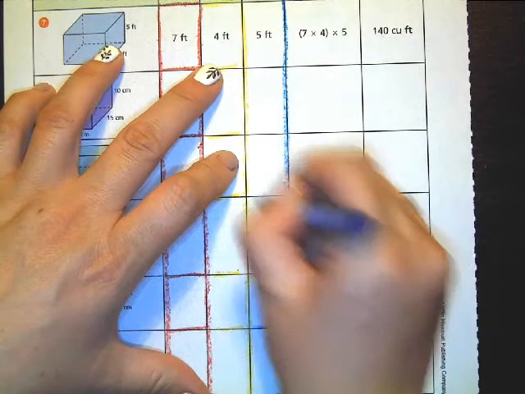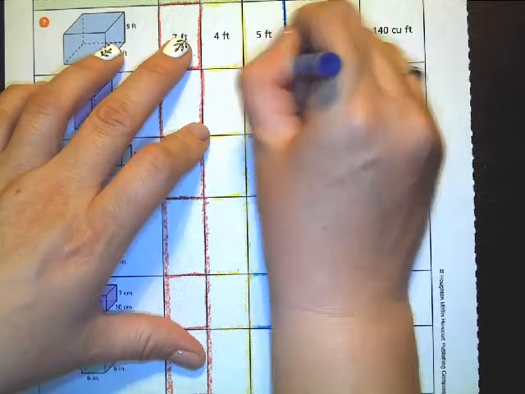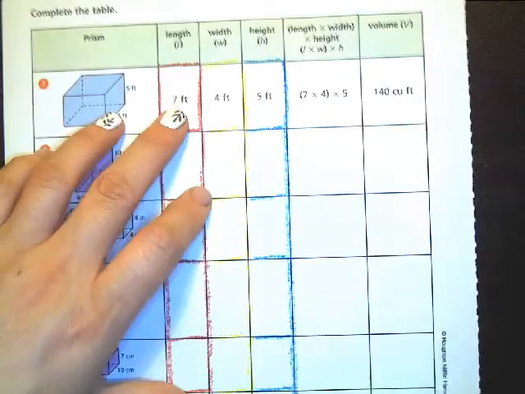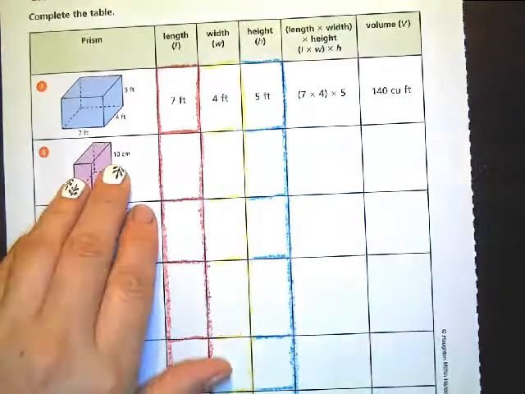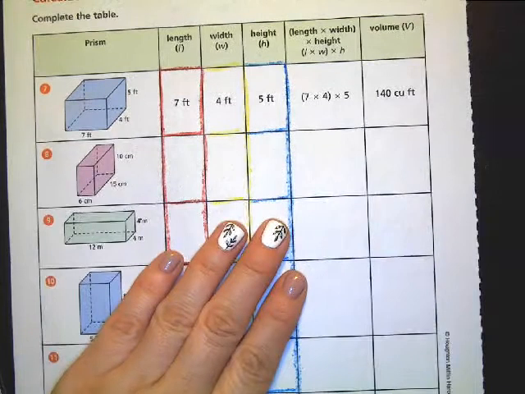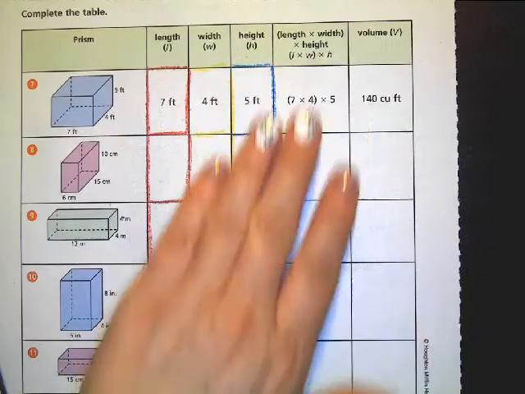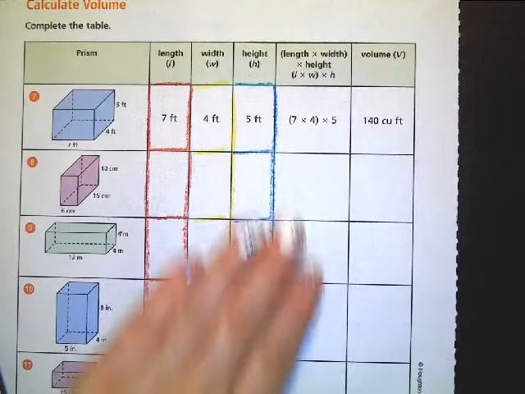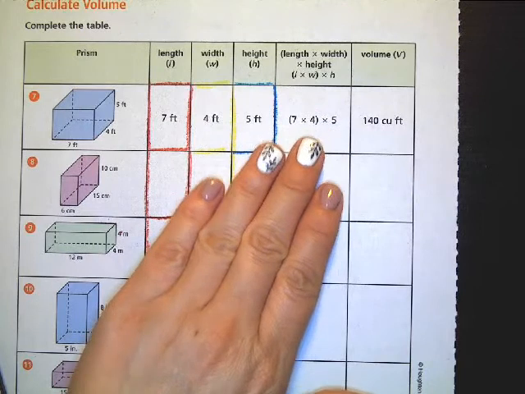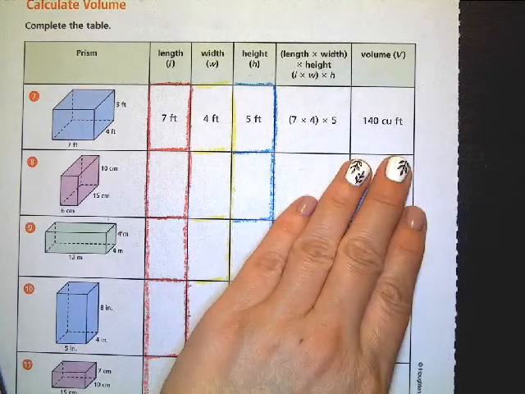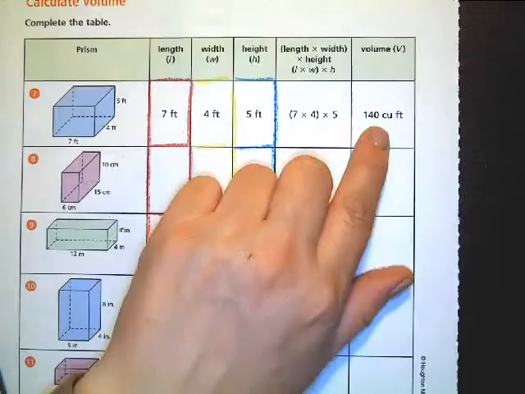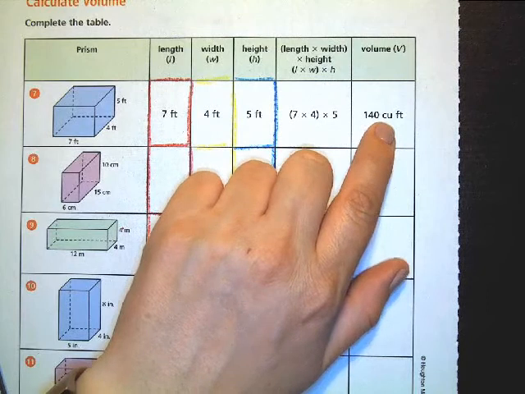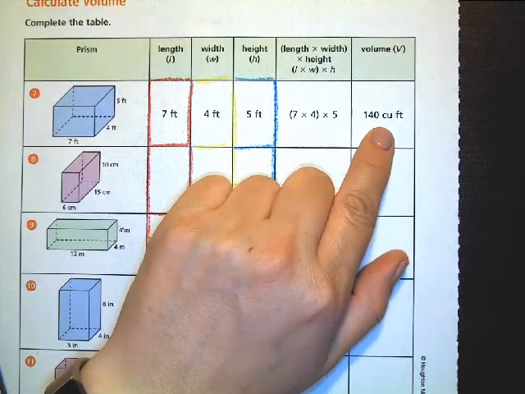So these first 3 columns are all about just being able to look at a shape and find the length, width, and height. Then we're going to put it all together. We're going to show what the equation is or what the mathematical situation is, and then we put it as the volume. And they just wrote cubic feet.